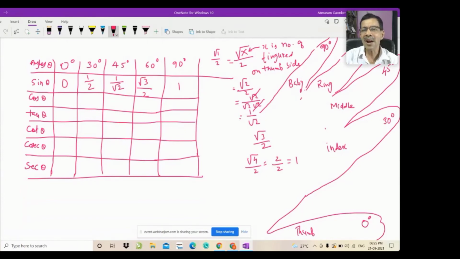You only have to understand how to write ratios of specific angles of sine theta. Rest all is easy. Is there any question in understanding this? If there is any question, please ask, and if there are no questions, please type clear or understood.